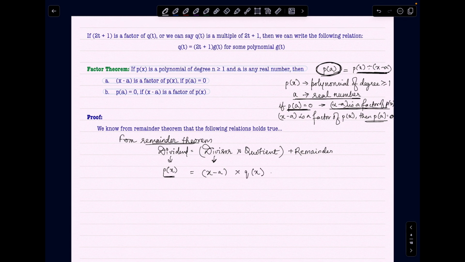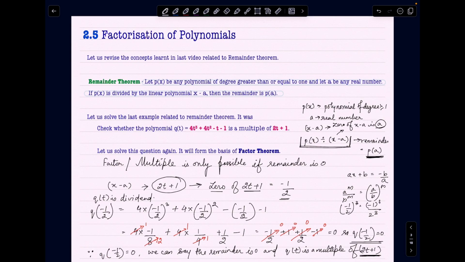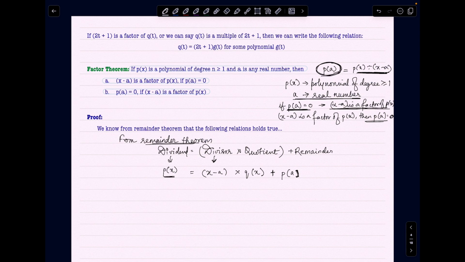And then again the remainder. This remainder value we know from the remainder theorem is p of a, because our divisor is x minus a and the dividend is p of x.